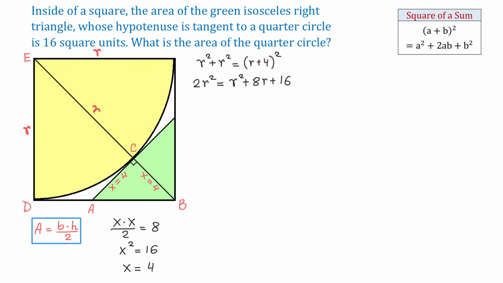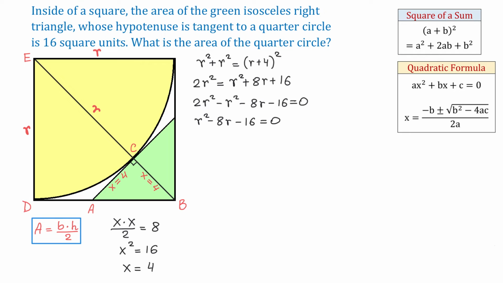Now we have a quadratic equation, and to solve it, we will move all the terms to the left. Then we will have 2r squared minus r squared minus 8r minus 16 equals 0. Then 2r squared minus r squared is r squared, so r squared minus 8r minus 16 equals 0.